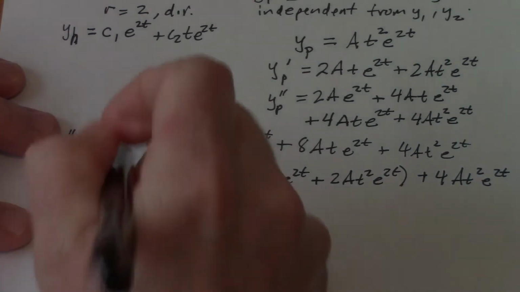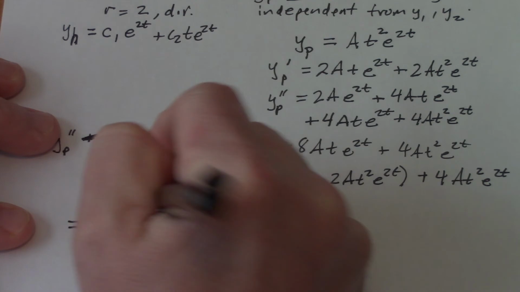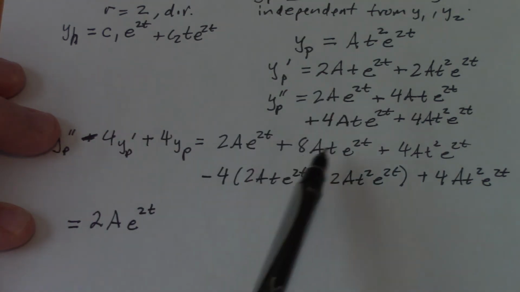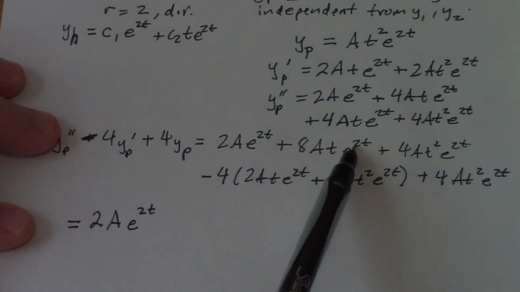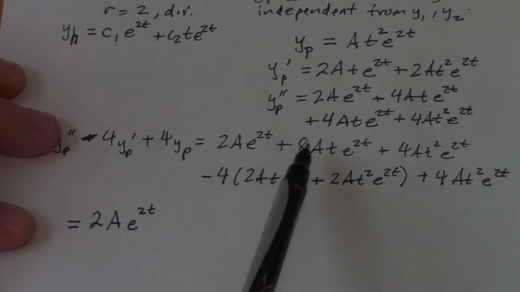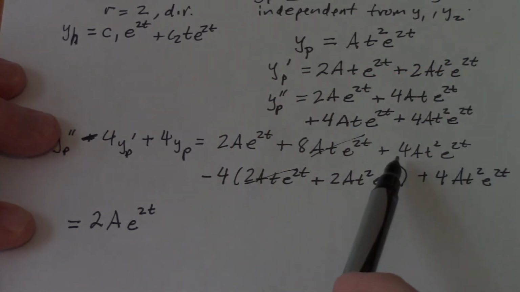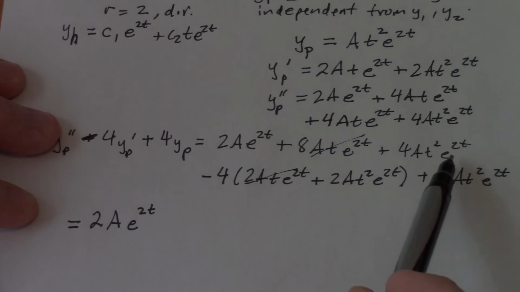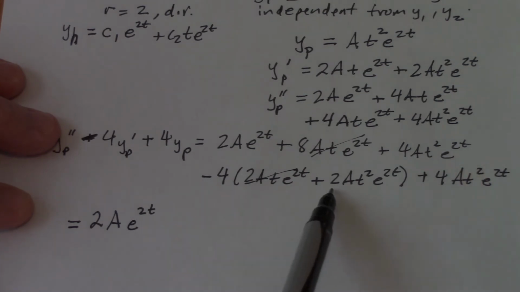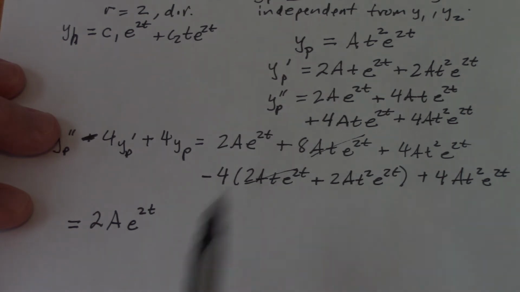So I've got my 2a e to the 2t. Okay, I've got 8at e to the 2t minus 4 times 2a t e to the 2t. Those are going to cancel. I've got 4at squared e to the 2t minus 8at squared e to the 2t plus 4at squared e to the 2t.